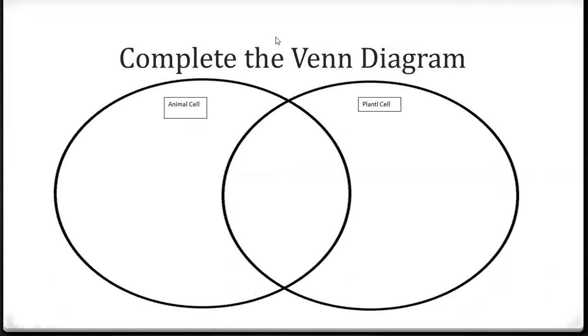Okay, so I'll do green for plants. Okay, so plants have chloroplasts. They also have a large central vacuole that animal cells don't have.